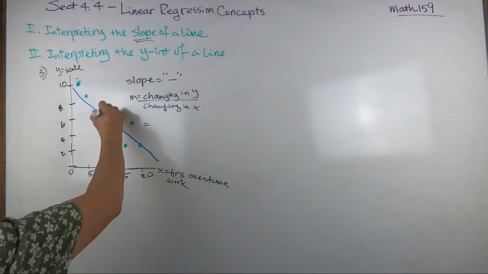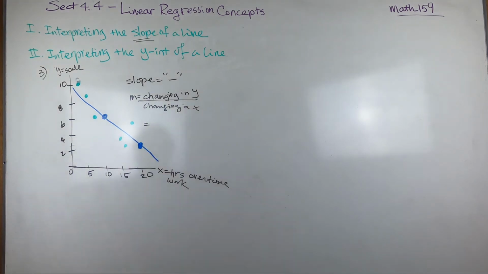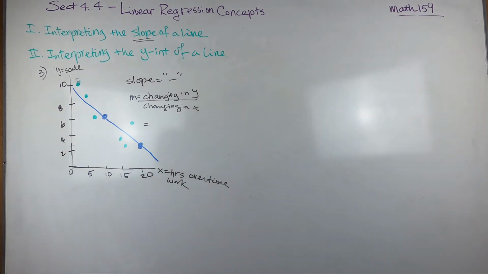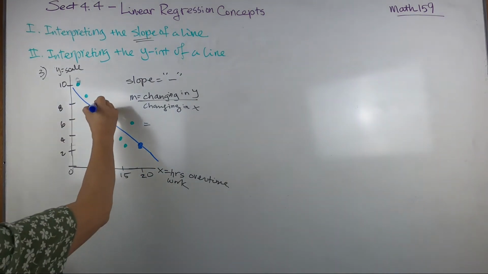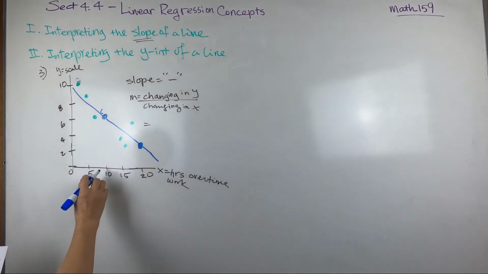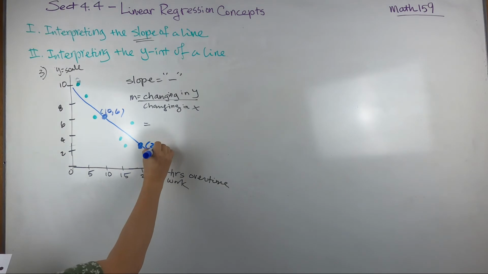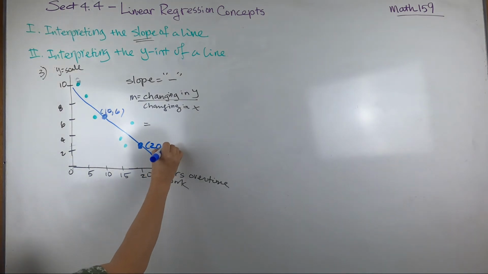So like these 2 points are right on the line, so it's easy. We are talking about the line, right? The slope of the line, the regression line. So this one is what? This position looks like 10, 6. This position looks like what? 20 and 2, right?